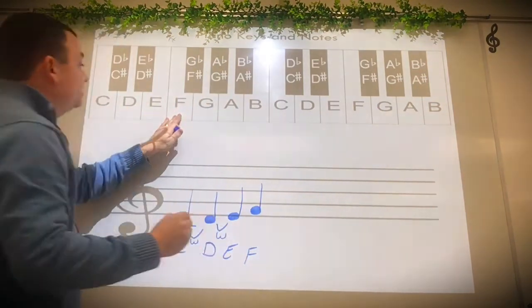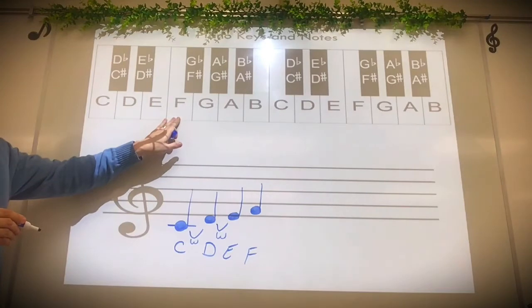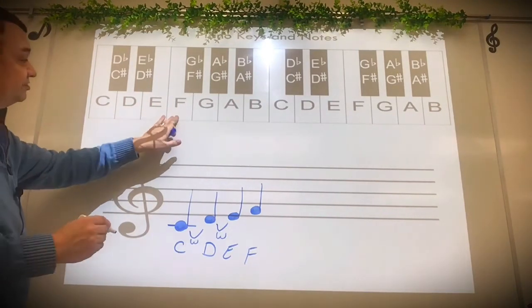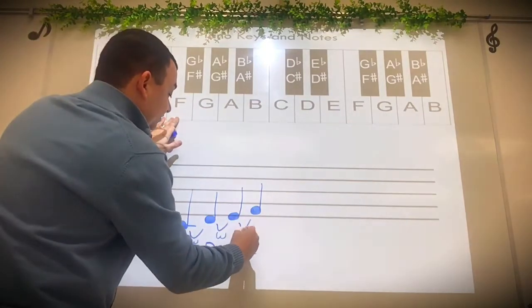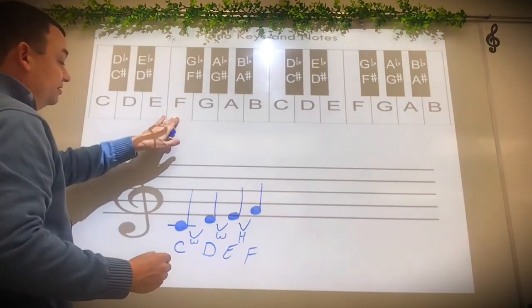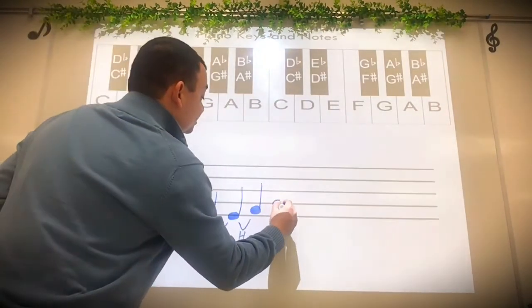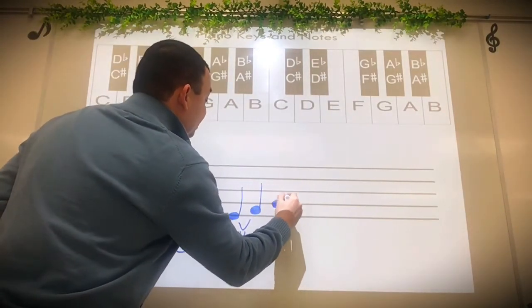The distance from E to F is a little bit different though. If you look up here, E to F is from one white key to the next, which means it's just a half step. So the interval of a half step between degrees 3 and 4. The next note is G, second line of the staff.